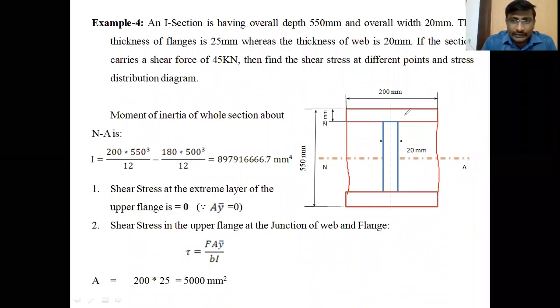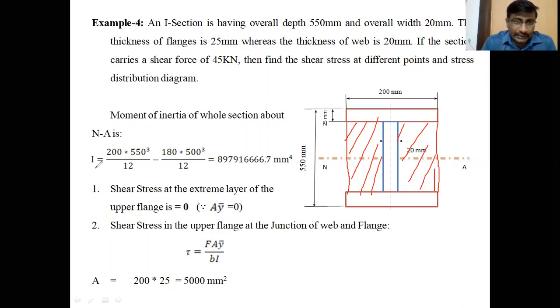It is a rectangle with breadth 200 mm and height 550 mm. From this rectangle, if you subtract these two areas, then we can get the I section. If you subtract the moment of inertia of these two areas from the whole moment of inertia, then we can get the moment of inertia of the I section.